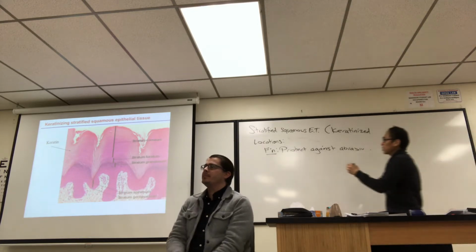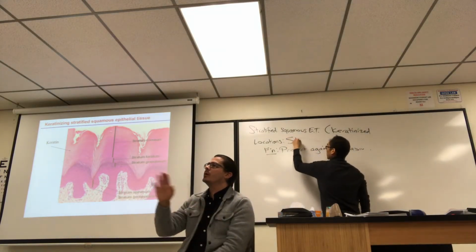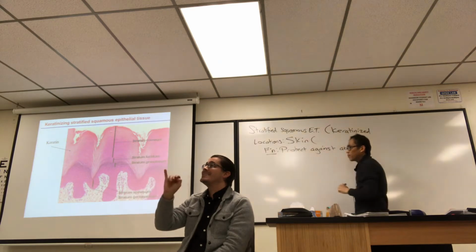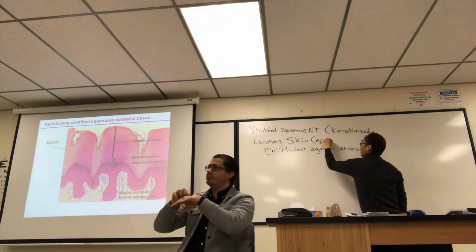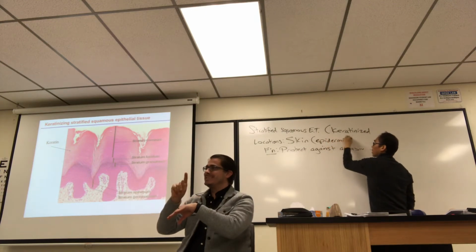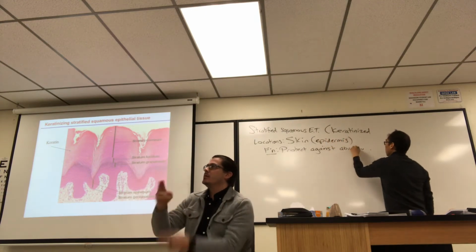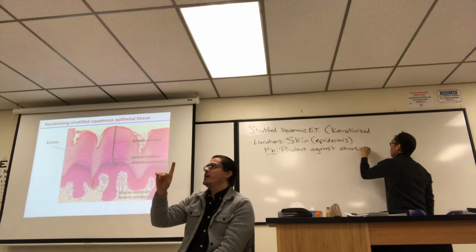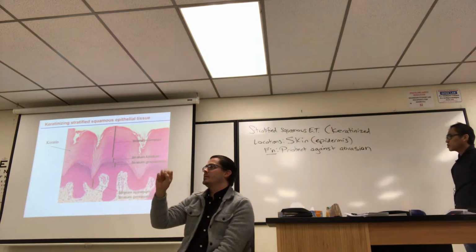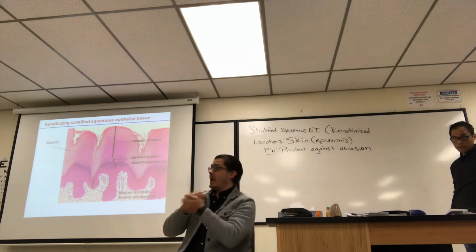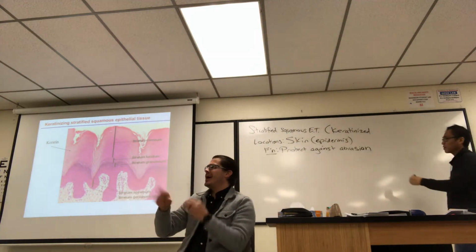So the location, skin. Specifically the epidermis, the top layer of skin. Same function, skin protects against abrasion, but because of the keratin, it adds a waterproofing element.